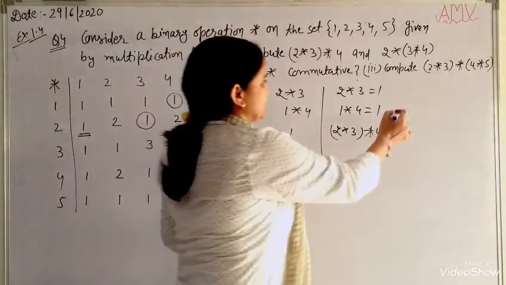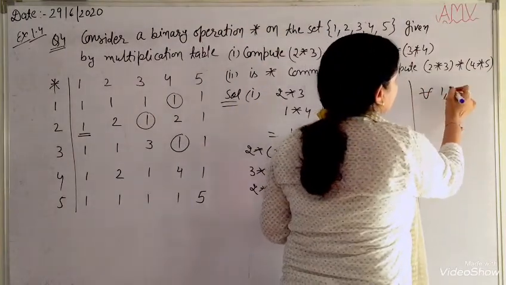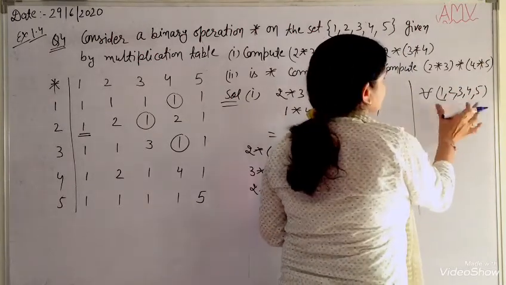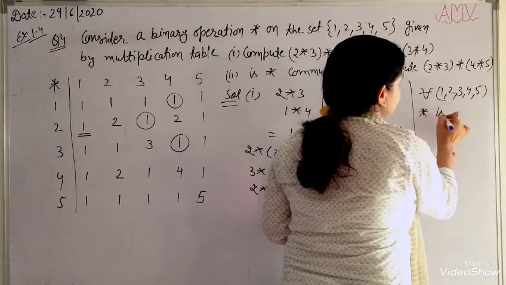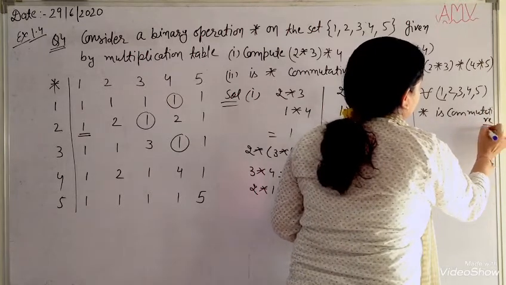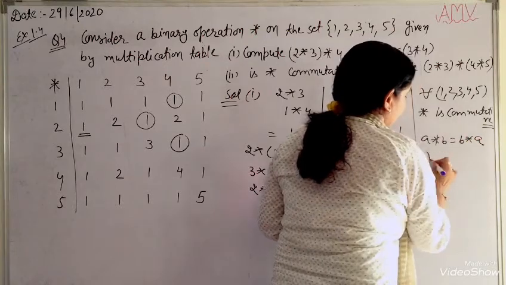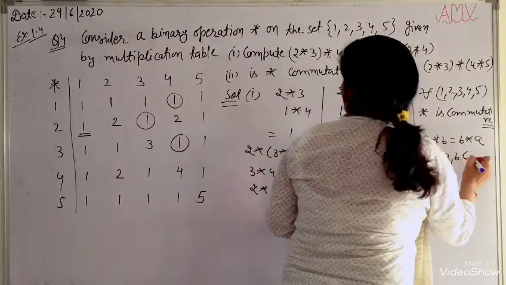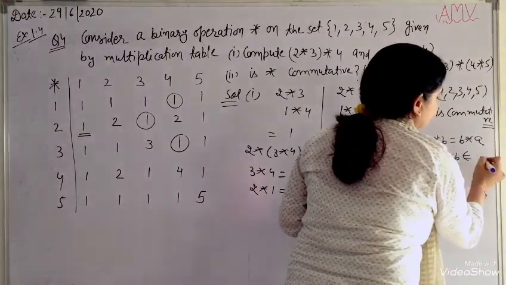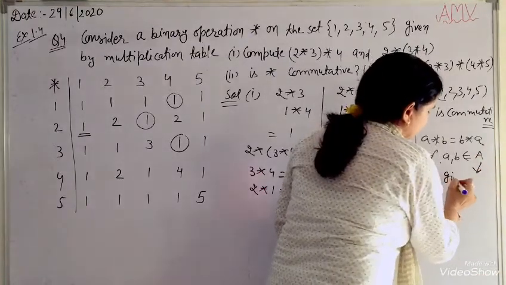So we can say that for all elements 1, 2, 3, 4, 5, the given operation is commutative, since a star b is equal to b star a for all a, b belonging to the given set. You can write here set A, the given set.